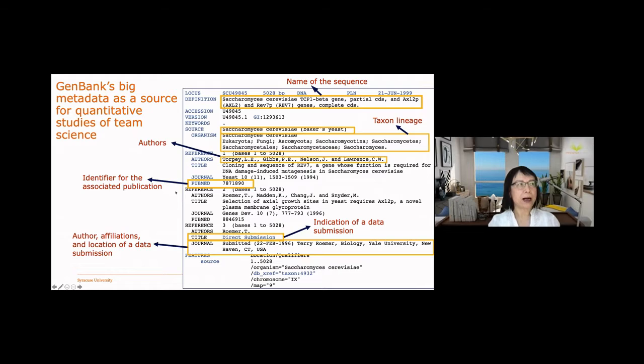A typical GenBank annotation record contains information about the DNA sequence. If you see the top line, that's the information about the sequence.